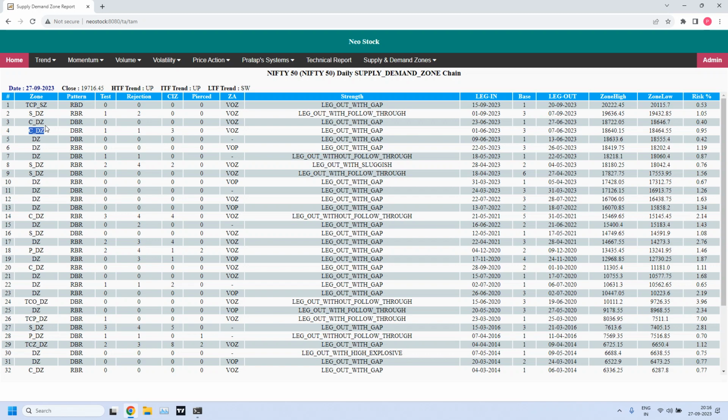So definitely we cannot expect a crash in the market now. We have good high liquidity zones available. It's not easy to break all three zones. So what it is indicating, maybe in the coming days the Nifty 50 might be moving in a specific range. The range could be between 20,000 to 22 till 19,432.